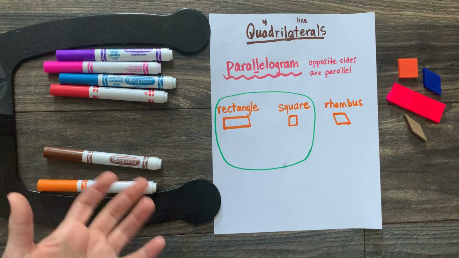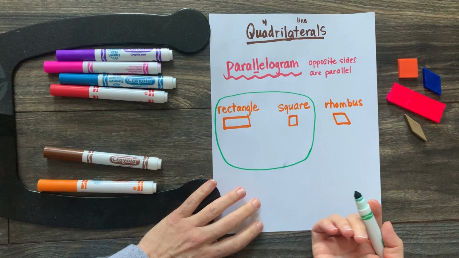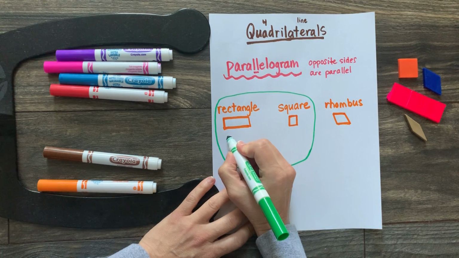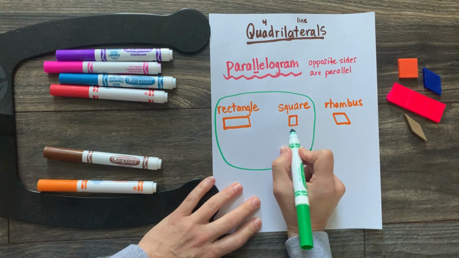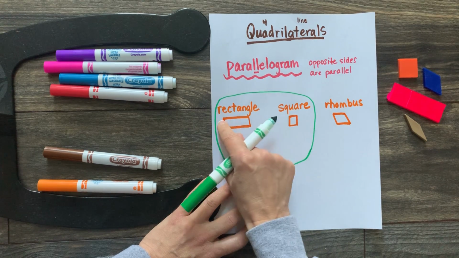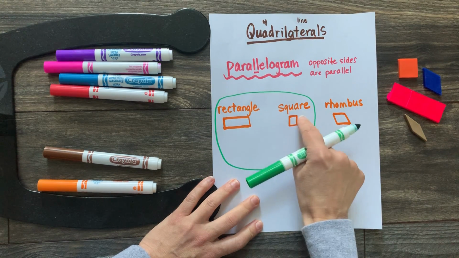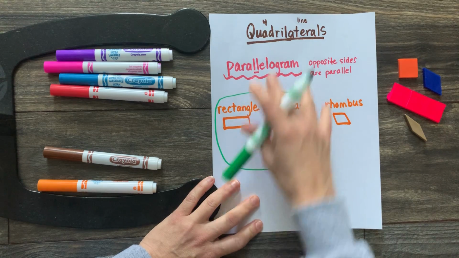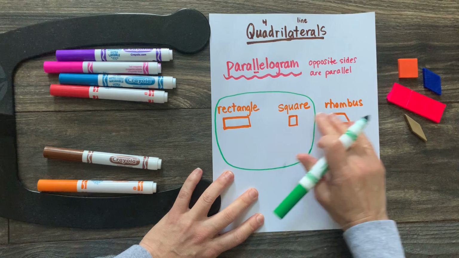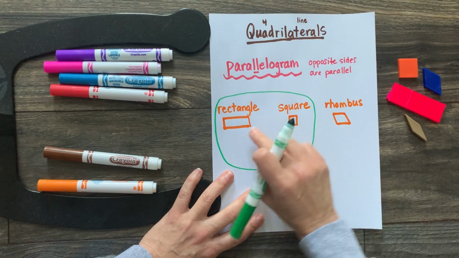Both of them have four sides, so they are quadrilaterals. They have opposite sides the same length. The rectangle has opposite sides the same length, right? And they have four right angles. We know these are all quadrilaterals. Parallelograms, rectangle, square, rhombus, they're all quadrilaterals.